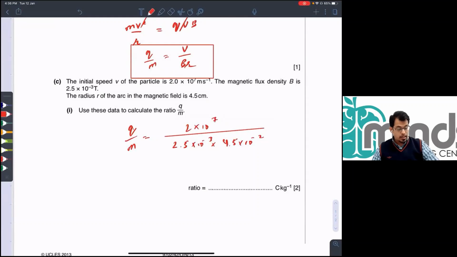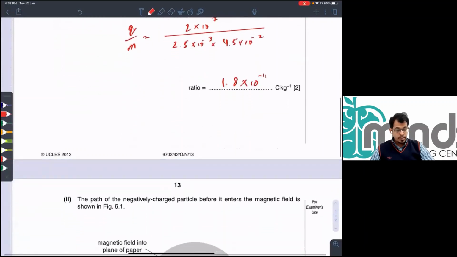If I simplify this whole thing, what are we getting as the answer? Anything around 1.8 × 10^11? Because this is the standard value of the e by m ratio, quite possibly you remember it.